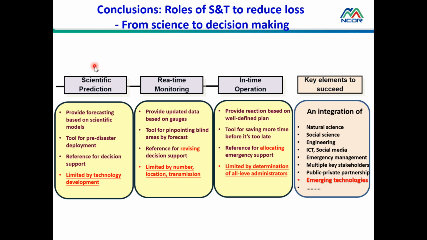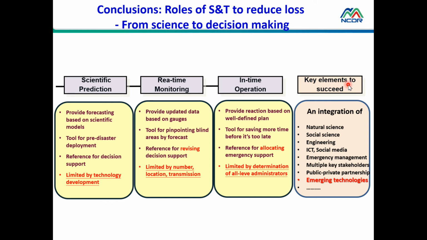So if from the prediction, if from the monitoring, we know something could happen, we need to have in-time operation by all decision makers, by all citizens, even by all practitioners.